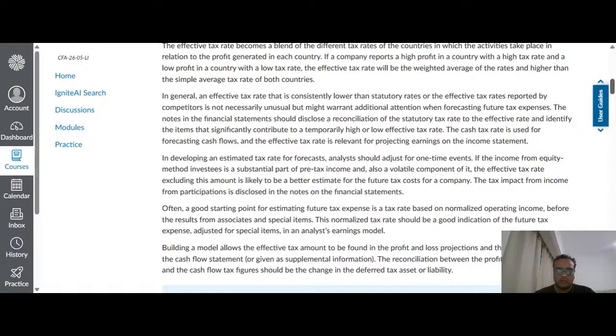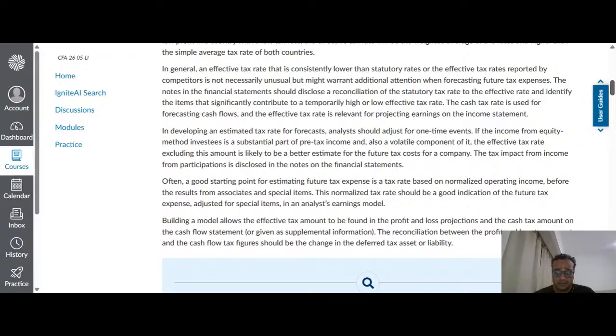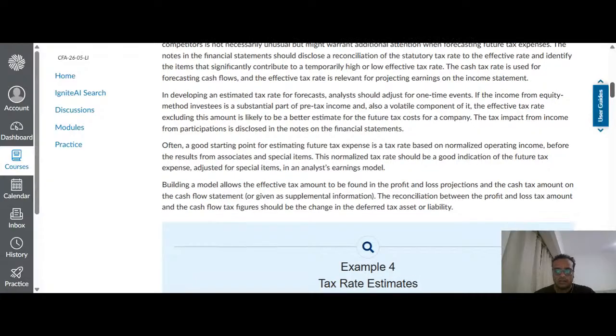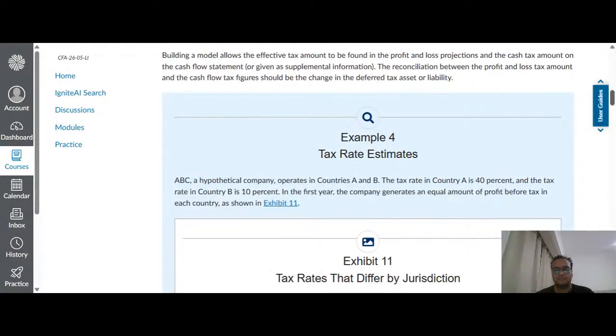Building a model allows the effective tax amount to be found in the profit and loss projections and the cash tax amount on the cash flow statement. The reconciliation between the profit and loss tax amount and the cash flow tax amount should be the change in deferred tax assets and liabilities.